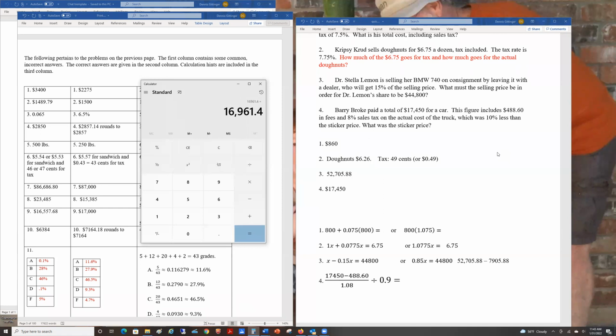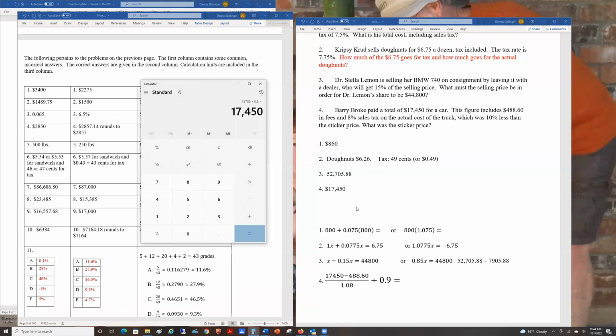Then you have to divide that by 1 point the tax, and the tax is 8%, that's 0.08. And then you have to divide that by the percent that was not discounted. If it's 10% off, it's 90% not off, which is 0.9. And you get $17,450.